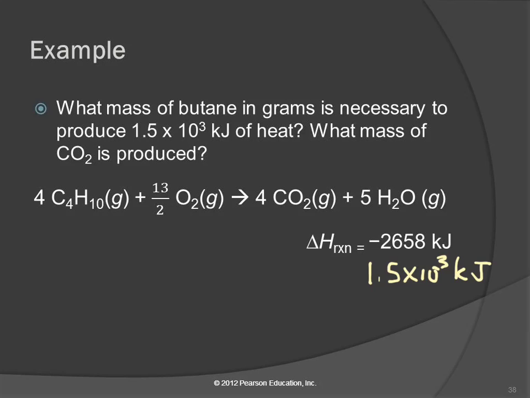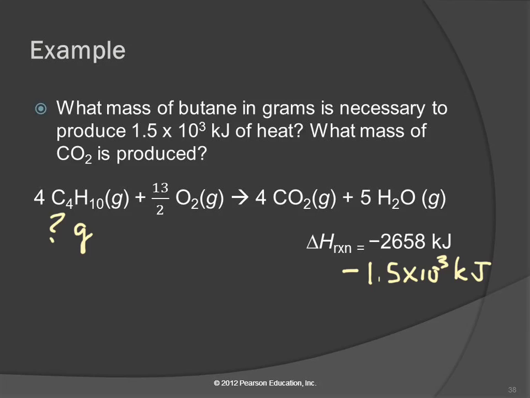Is that amount of heat negative or positive? Is it being given off or taken in by this reaction? It's being given off. So really, that has a minus sign. And the question is, what mass of butane? So how many grams of this? This is similar to the previous question, but we're going to work backwards.